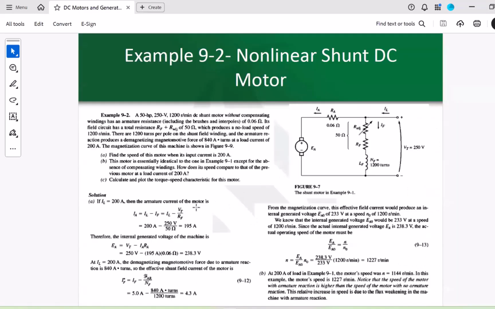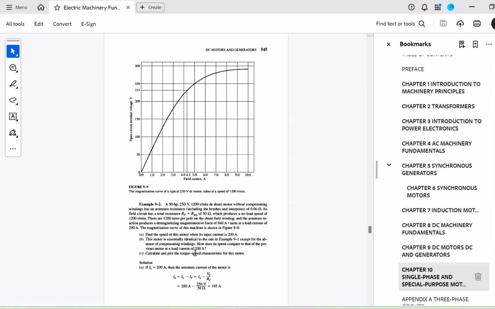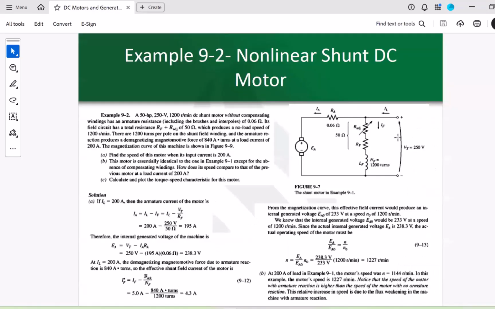Now that we really have 238.3 volts on the armature, how would that impact the speed? That would impact the speed proportional to the ratio of the EAs between the two cases. And that's usually what we need to do in many of these problems that deal with the nonlinear characteristic in the machine.